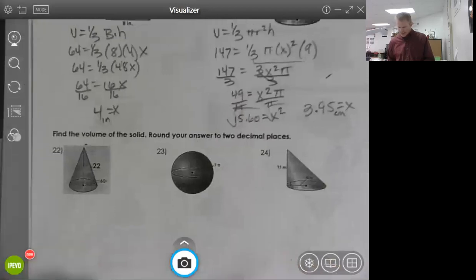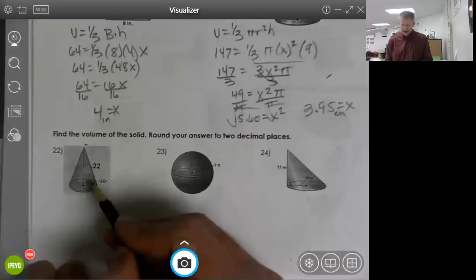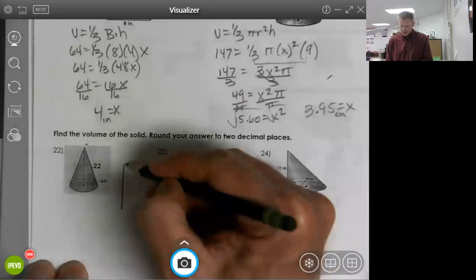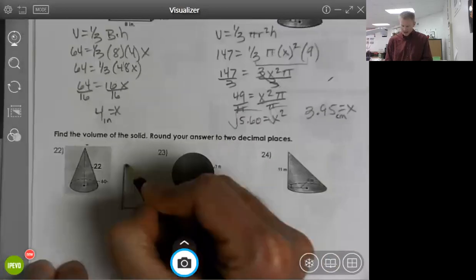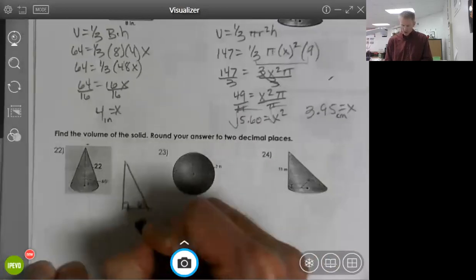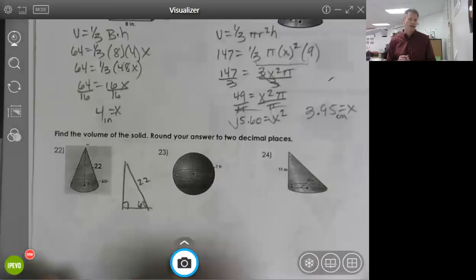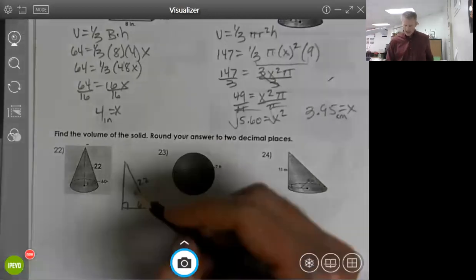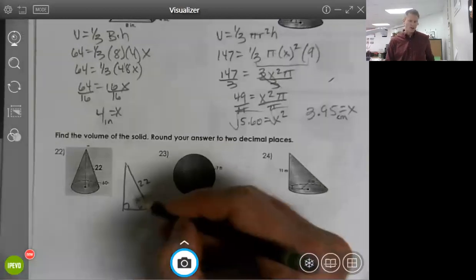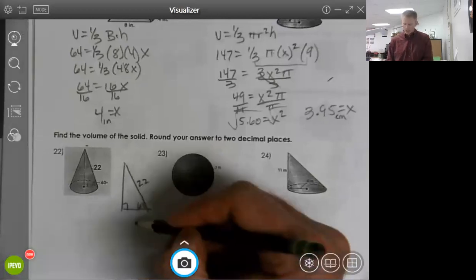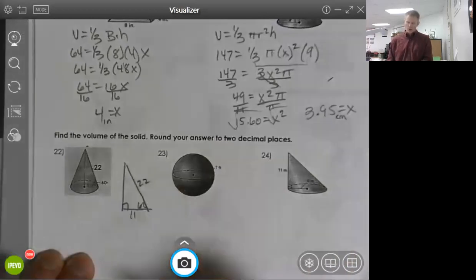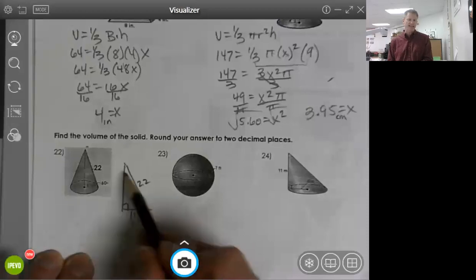Find the volume of the solid. Here we have a 30, 60, 90 triangle. Now, a few people were talking about solving this using trigonometry, maybe cosine, adjacent over hypotenuse. You could do that. You would come up with 11. Notice that this is a 30, 60, 90 triangle.